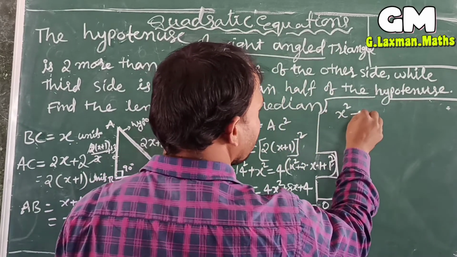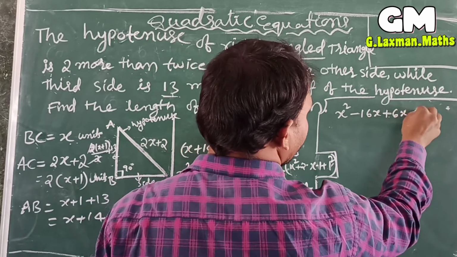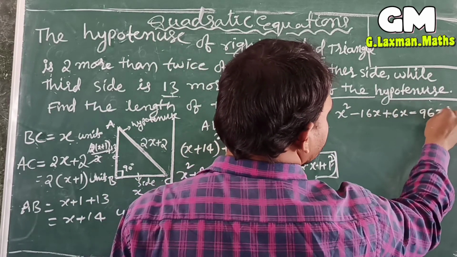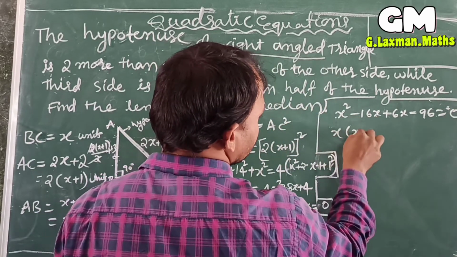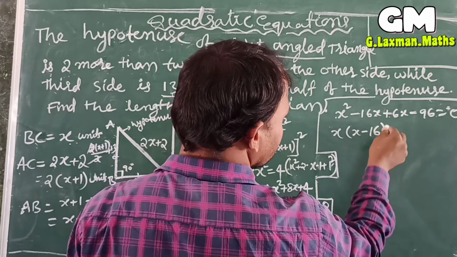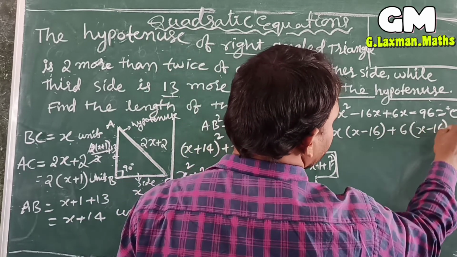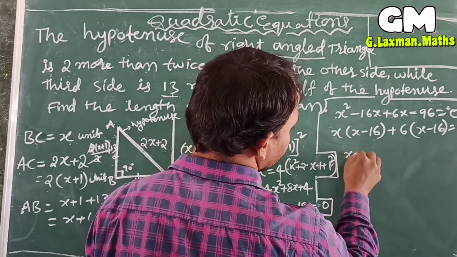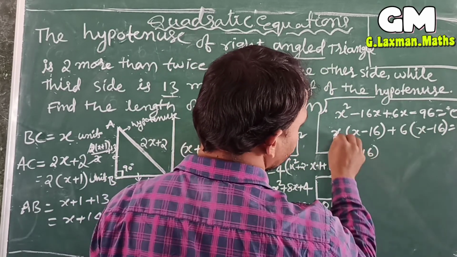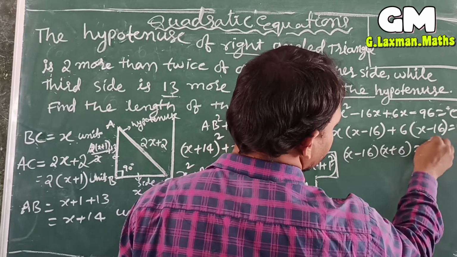So x square minus 16x plus 6x minus 96 is equal to 0. Then take x as a common factor, so you will get x minus 16, then take 6 as a common factor, x minus 16 is equal to 0. So x minus 16 and x plus 6 is equal to 0.